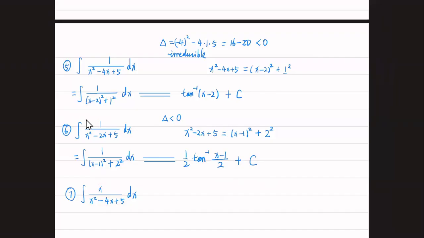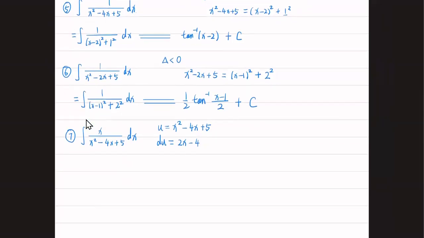If we set u equal to the denominator, du will be 2x minus 4 dx.